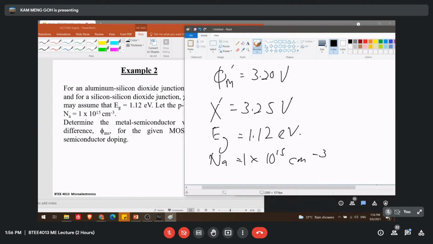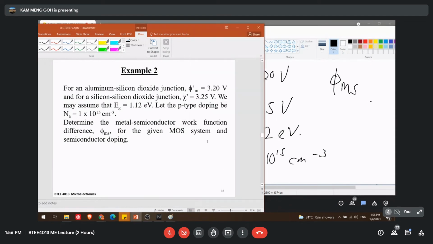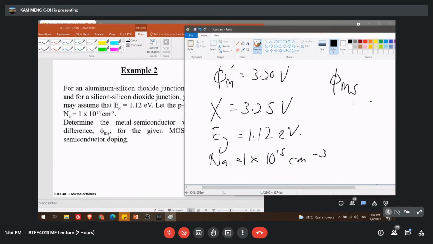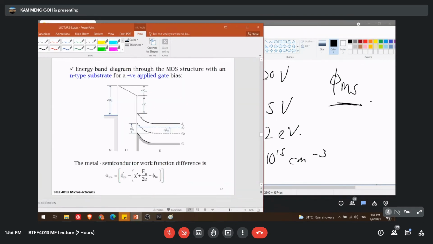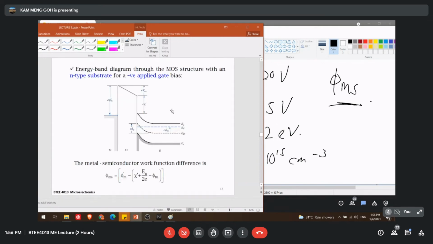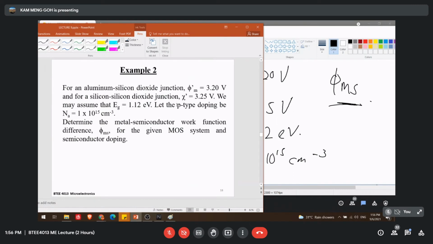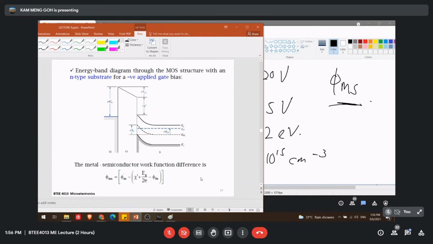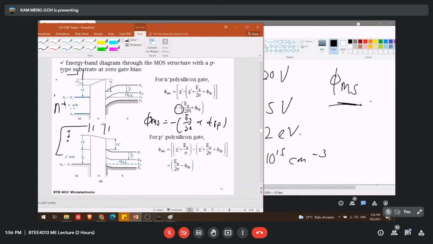You want to determine the Ms. We want to find this, but how are we going to find it? At first we need to identify the right formula. In this case, it didn't state anything clearly, but we can know that this is a P type, with P type doping at Na. So we can use either this or this formula only.